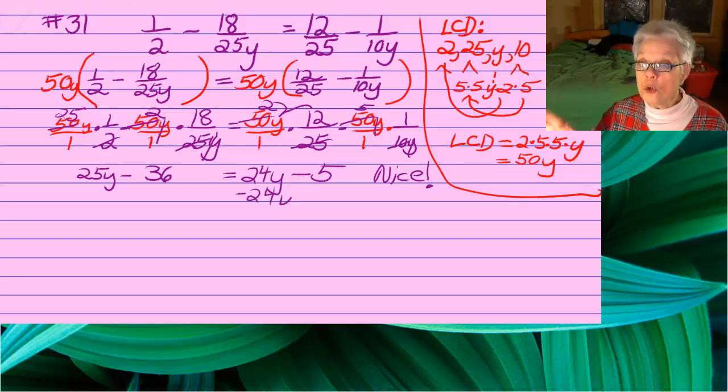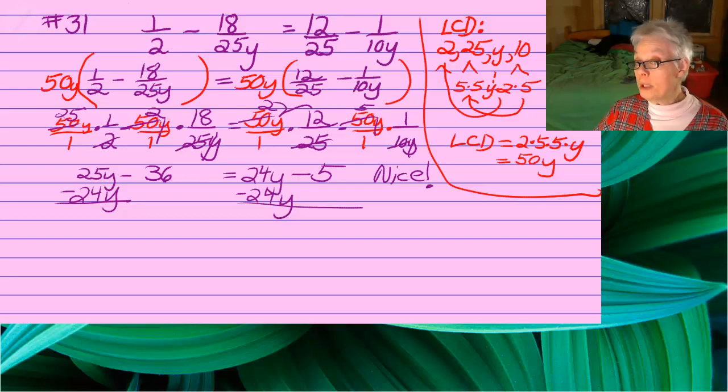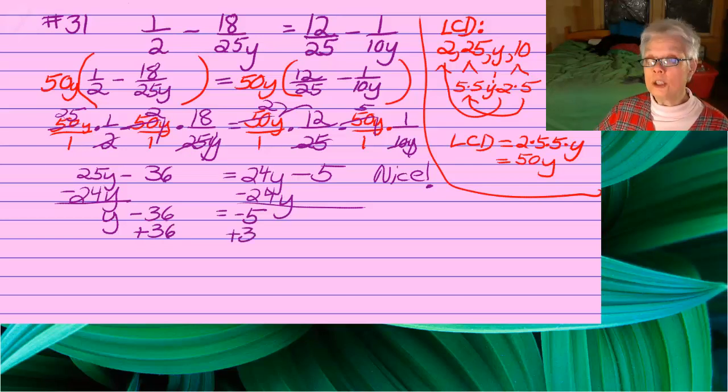Solve it the way you normally would. Subtract 24y from both sides of the equation. Then add 36 over to both sides of the equation, and we'll have y equals 31.